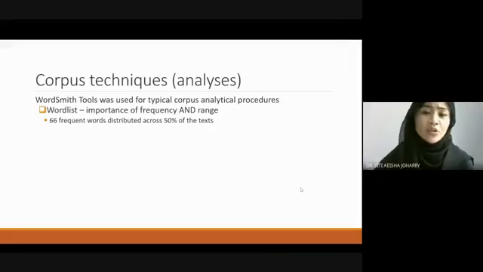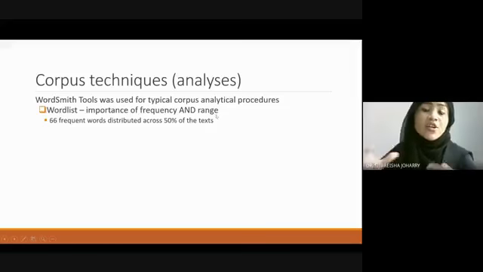Not only do we talk about frequency, one of the arguments with regard to word lists is that most of the previous studies have only looked at frequency, and this can be misleading if you were only to look at frequency. And so here I would want to highlight that you should be using range as well.